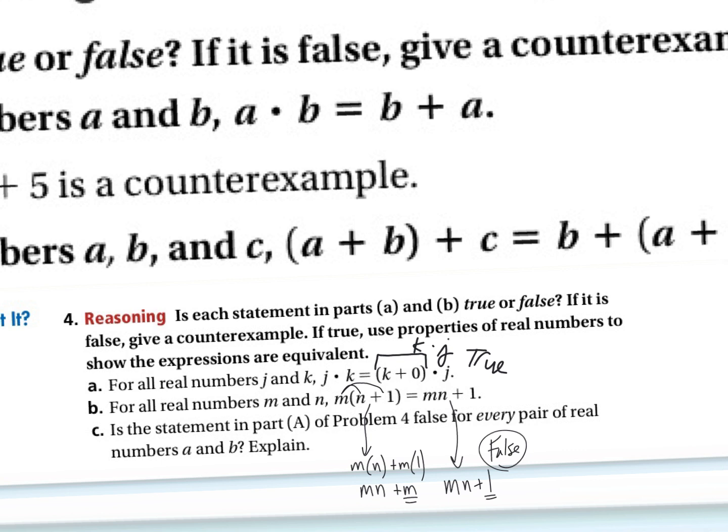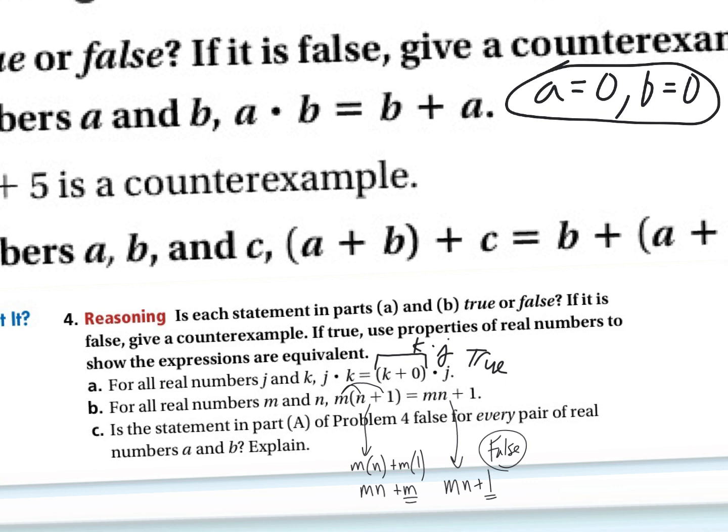And the answer is yes. One thing would be if a equals 0 and b equals 0. If they're both equal to 0, 0 times 0 is 0, 0 plus 0 is 0. So that would work. Another thing would be if a equals 2 and b equals 2. 2 times 2 is 4, 2 plus 2 is 4, so that would work as well.